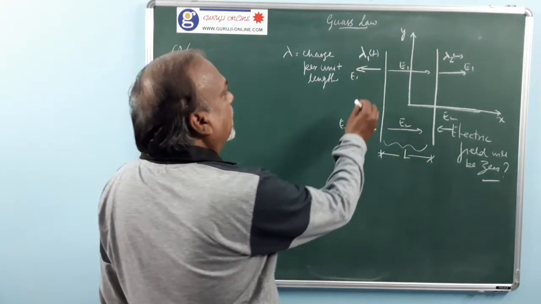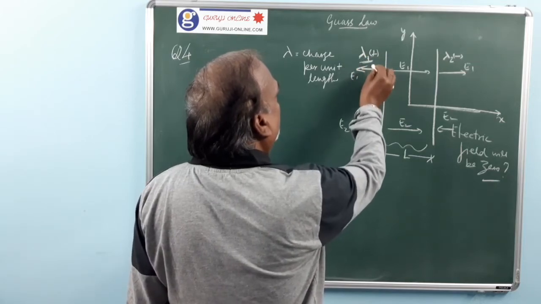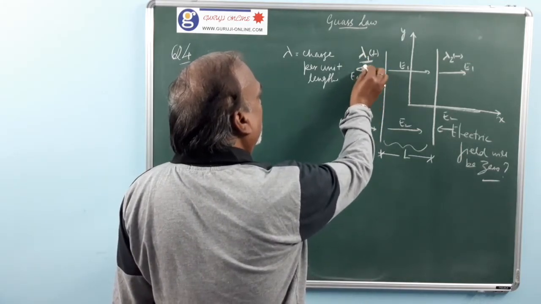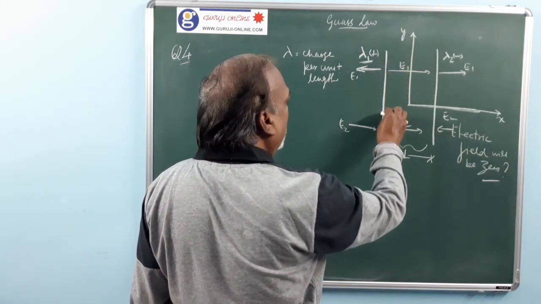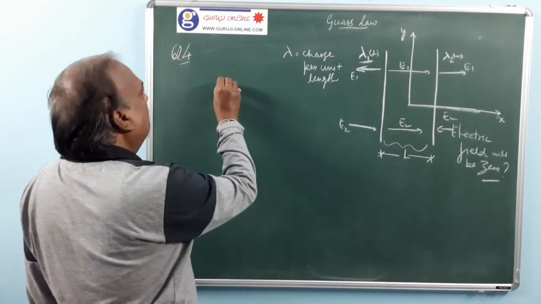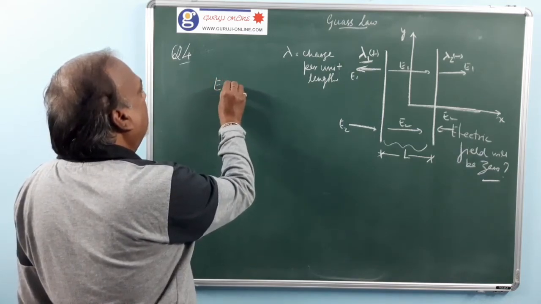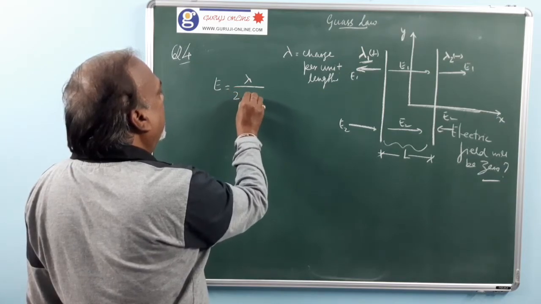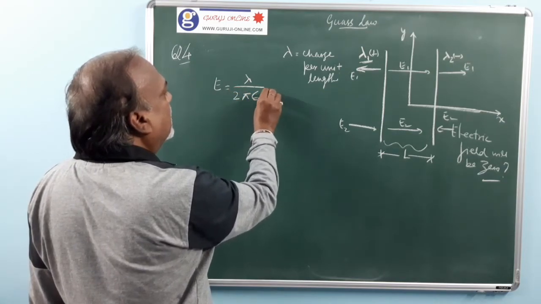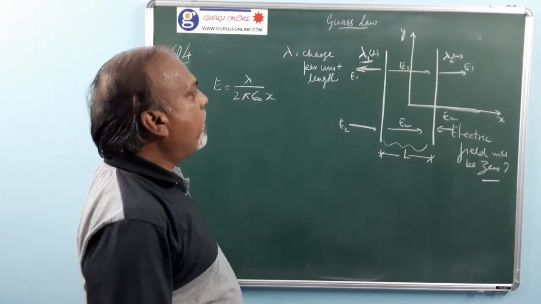Here, suppose lambda 1 is more, then this component will be more, because what is the electric field in a charged wire? That is lambda upon 2 pi epsilon x.